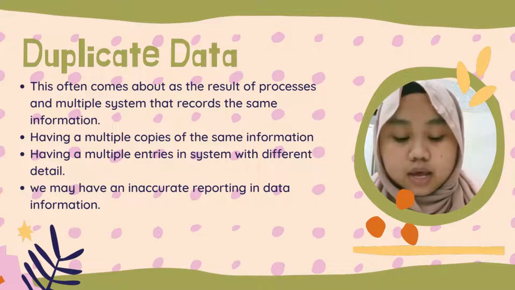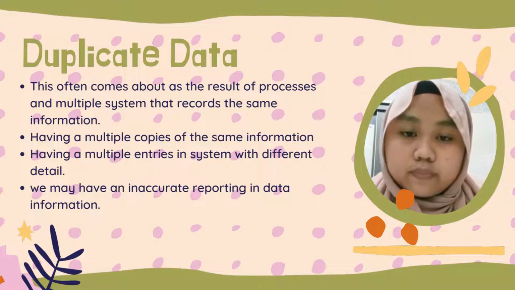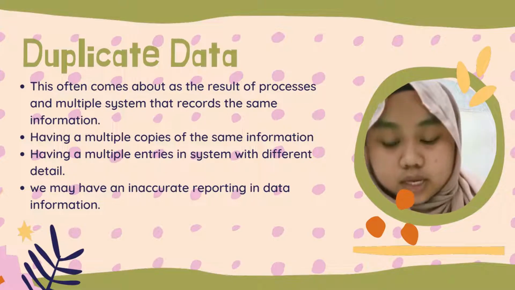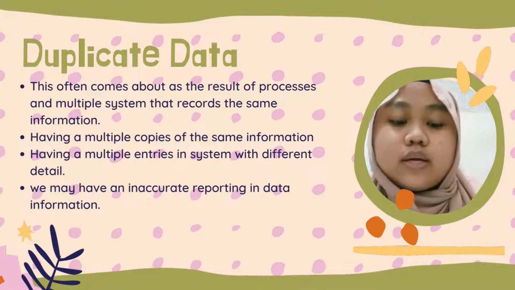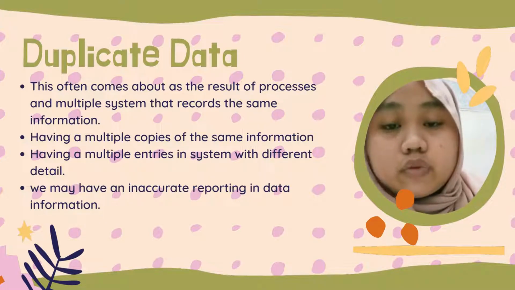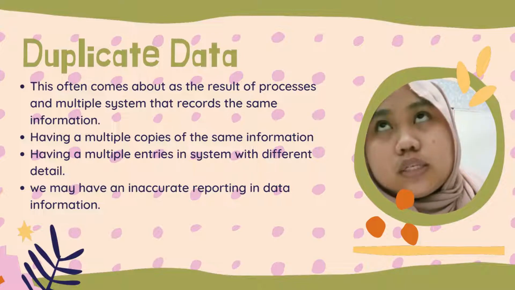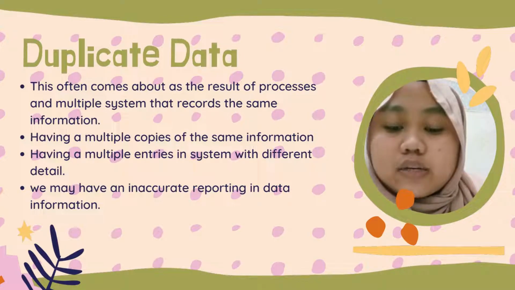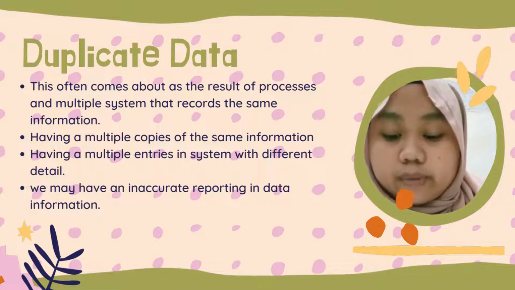Other than that, having multiple entries in the system with different details is another quality issue in the management of digital information. This could make users receive several data with different details, which can annoy users and lead to wasted time.